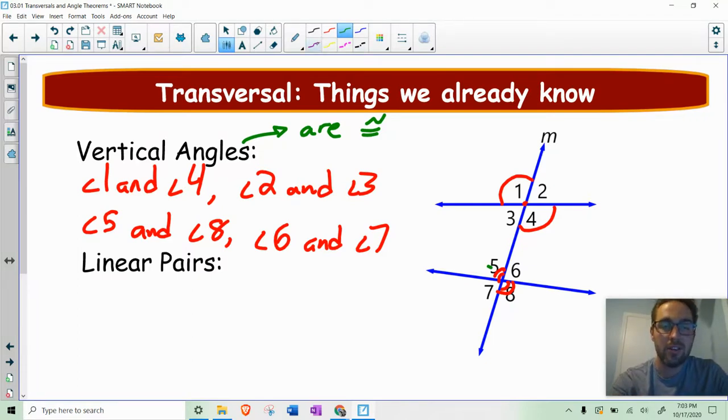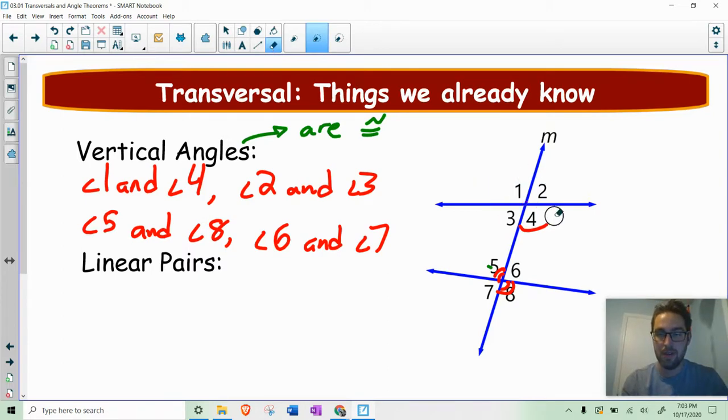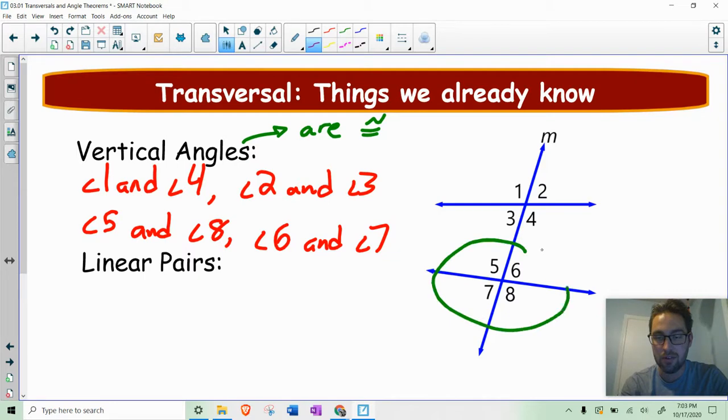The other angle relationship that we know previously are linear pairs. And I don't have the ability to list all the linear pairs, but I could go over some examples. So just looking down here at this part, linear pairs are both supplementary and adjacent.